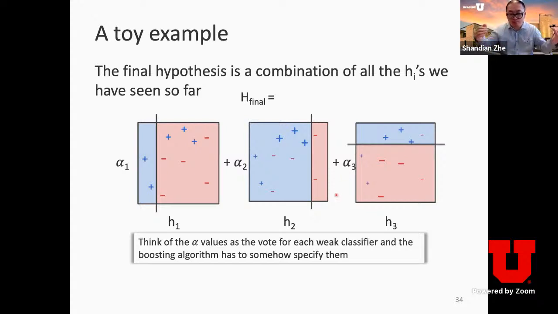Then you add them together and end up with the votes for positive predictions and the votes for negative predictions, and just look at which prediction beats the other. Then you give the final prediction. So this example illustrates the whole working procedure of the AdaBoost learning algorithm.